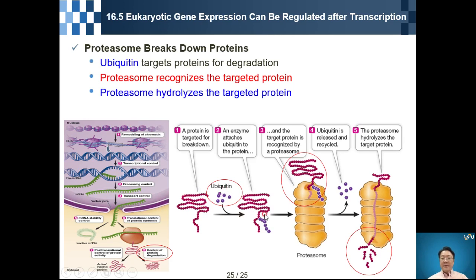After that, this target protein is recognized by the proteasome. Then the proteasome can hydrolyze these target proteins. This is the final case of how eukaryotic gene expression can be regulated.